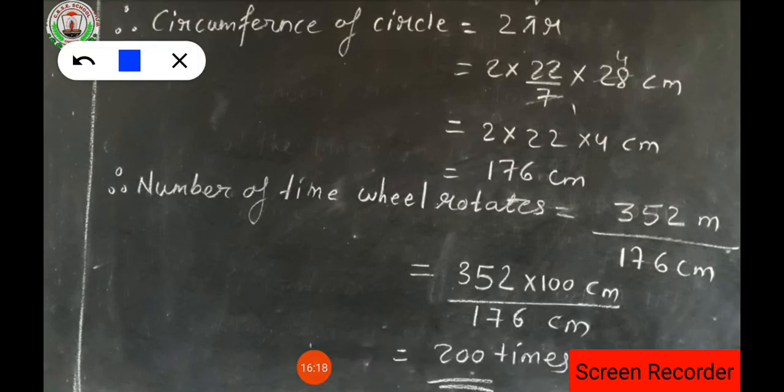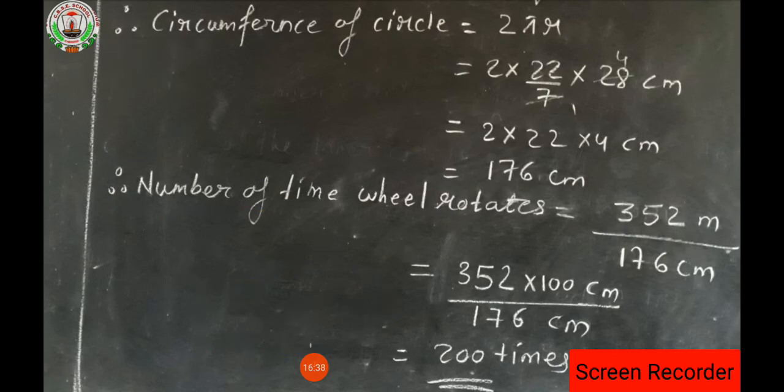Now it is asked to find the number of times the wheel rotated. Since it is given in the question that 352 meter will be divided, in order to find the number of times of the wheel rotation, it will be divided with the circumference of the circle, whose value is 176 centimeter. So dear students, as you know, only when the two units are the same does the division or multiplication happen, isn't it?